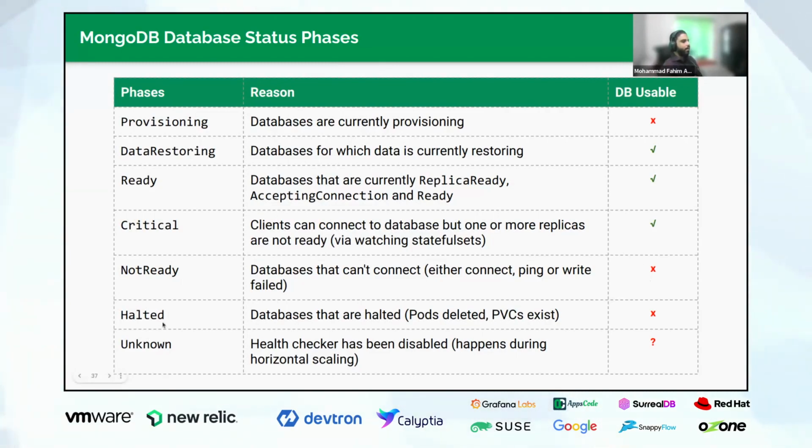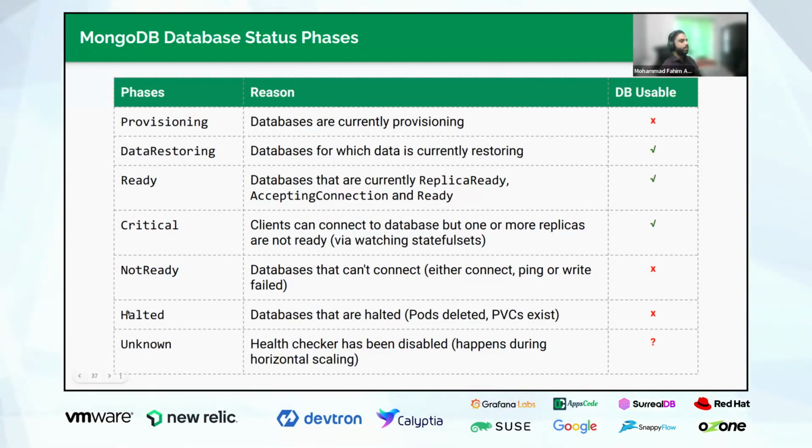Then there is a halted phase. Sometimes you may be doing a hobby project, but you want to keep all your data and stop your database on the weekend. So you can actually halt your database. By halting your database, all of the pods will be deleted, but the PVCs will still exist, so your data still exists.